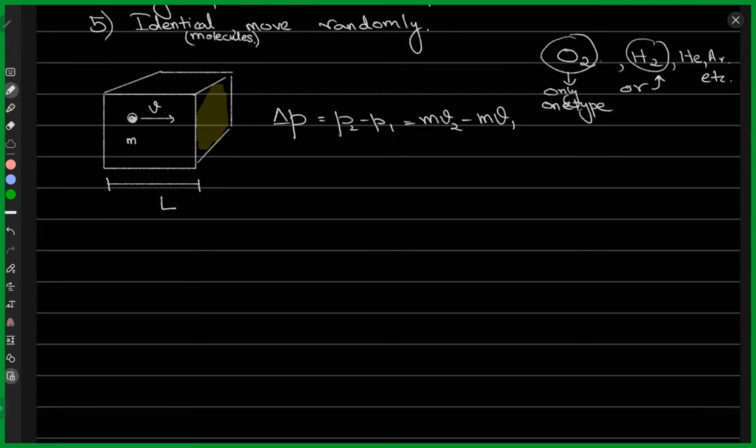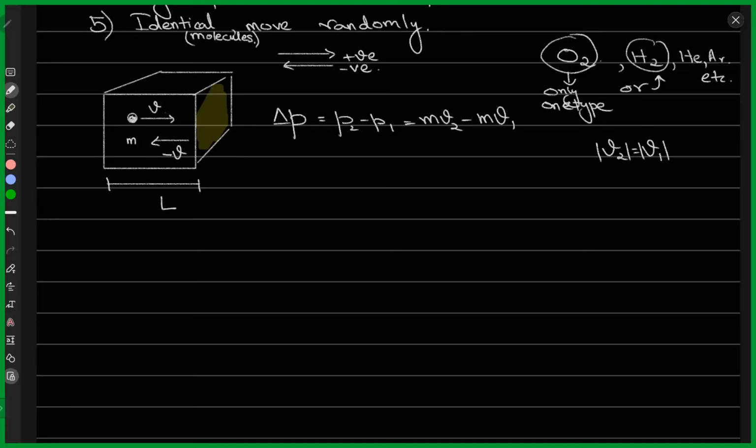Now, let's see what v2 would be. We assume that the collision is perfectly elastic, so the magnitudes of v2 and v1 are exactly the same. But that's where the trick is. Their magnitudes are the same, but the directions are not, because when it rebounds, it's going to come back with a negative velocity, right? So I'll have to define a system where right direction is positive and left direction is negative, right?